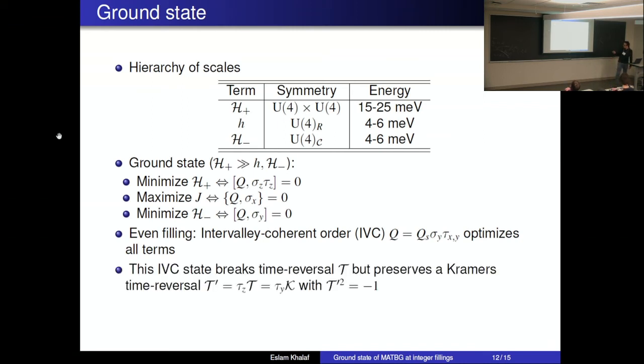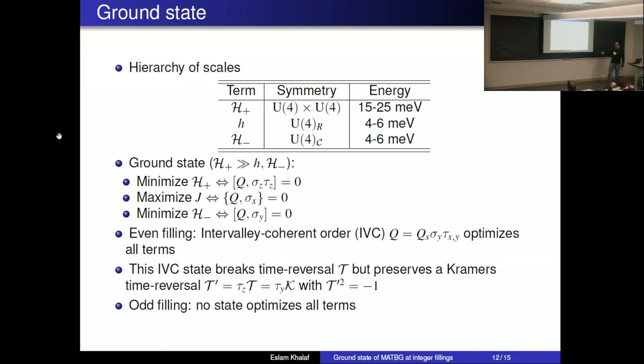We note that this intervalley coherent state has a very interesting feature: although it breaks time reversal symmetry, it preserves a new type of time reversal symmetry that combines time reversal with a pi rotation. This new time reversal actually squares to -1, so we call it a Kramers time reversal. It's an analog of spinful time reversal, but for the valley degree of freedom.